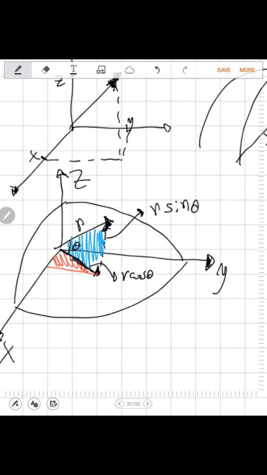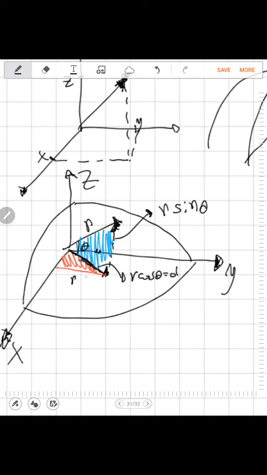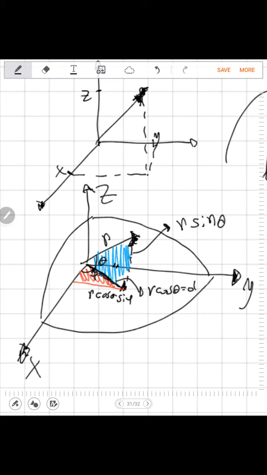In this way we can find the projection of this distance in the y direction that's going to correspond to the y movement or the y coordinate. That is going to be r cosine of theta times sine of phi, because this is going to be phi. On the other hand, this is going to be r cosine of theta times cosine of phi.